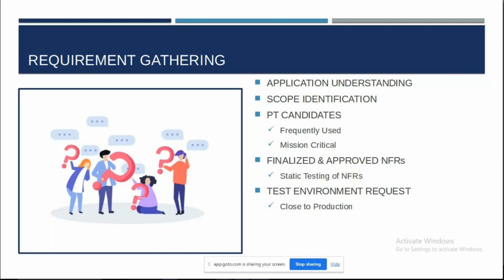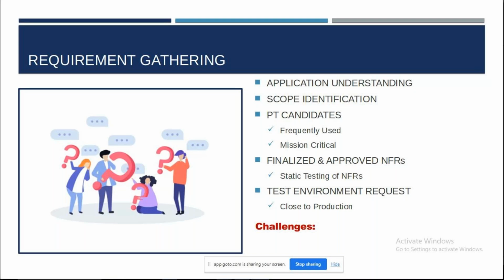Rather, the hardware specification should be similar to your production environment. The configuration, the hardware, all those things should be similar. They should not be neighbors. Close to production does not mean that they should be neighbors.